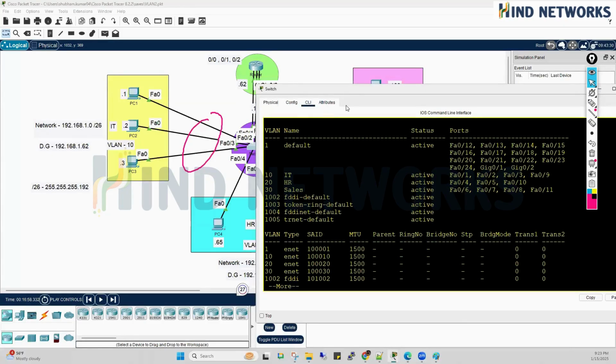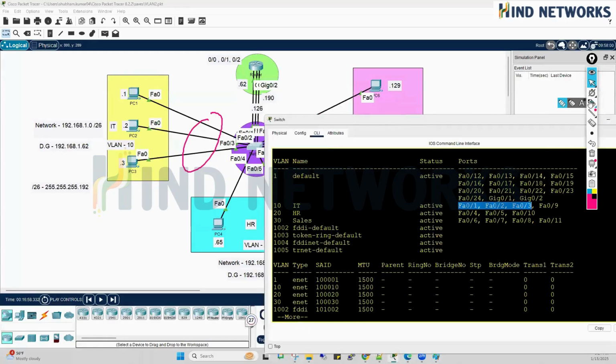Our three departments are in different networks. Now what I did, all the three ports are the part of VLAN number 10. So see, 0/1, 0/2 and 0/3. These three ports are the part of VLAN number 10, right?